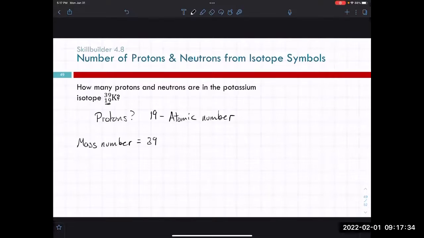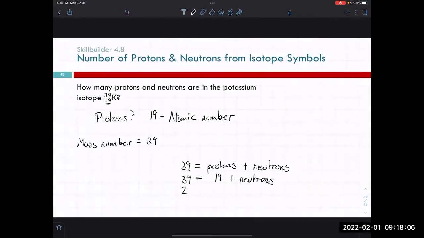Then we know that the mass number is the number of protons plus neutrons. We can just plug these in as if they're variables in an equation. So 19 protons plus however many neutrons will equal 39. So 39 minus 19 would be 20 neutrons.